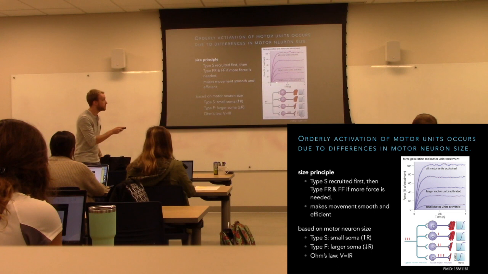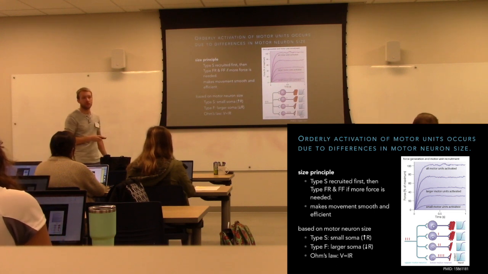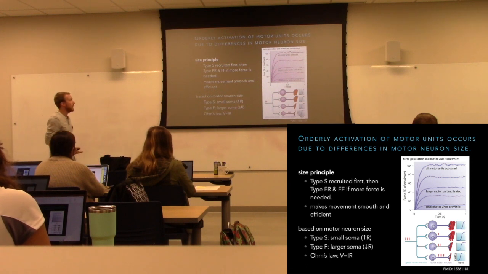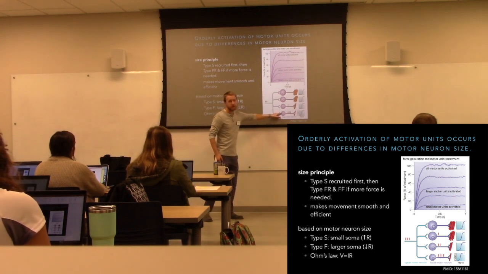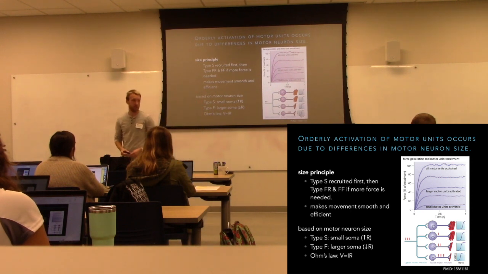But notice we're never jumping from 0 to 100. There's a smooth increase because first we're recruiting S, FR, FF. And that's because of Ohm's Law here. These smaller neurons have higher resistance, so they generate larger potentials from their synaptic currents.